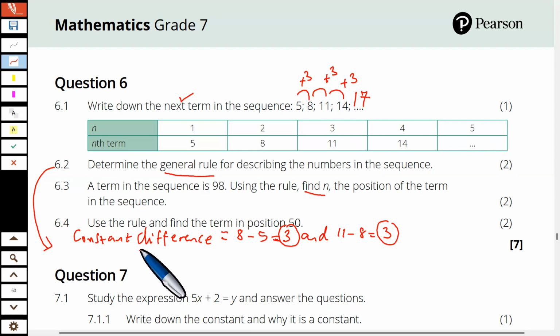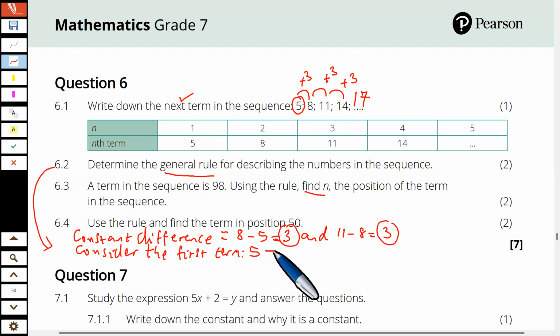Now, the question we then ask about the general rule is the following. Consider the first term. What is the first term? The first term is the number 5.